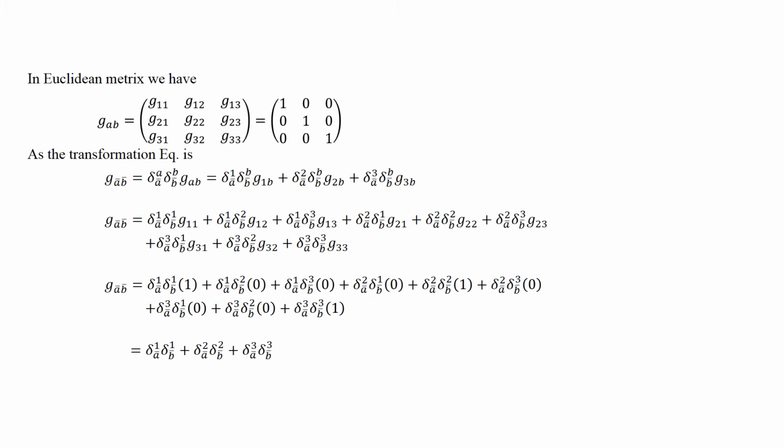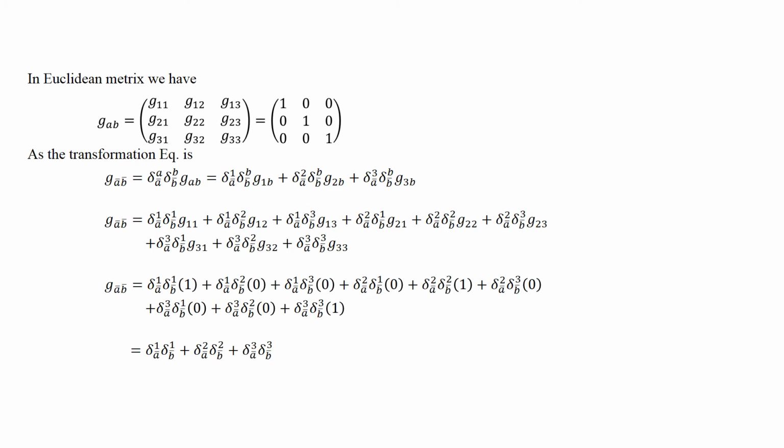Now we take the variation of the dummy indices A and B. In the first term, I keep B fixed and vary A, which gives in the first term delta 1 A bar delta B bar G1B, and similarly in the second term, instead of A we put 2, with G2B, and in the third term there is 3 for A.